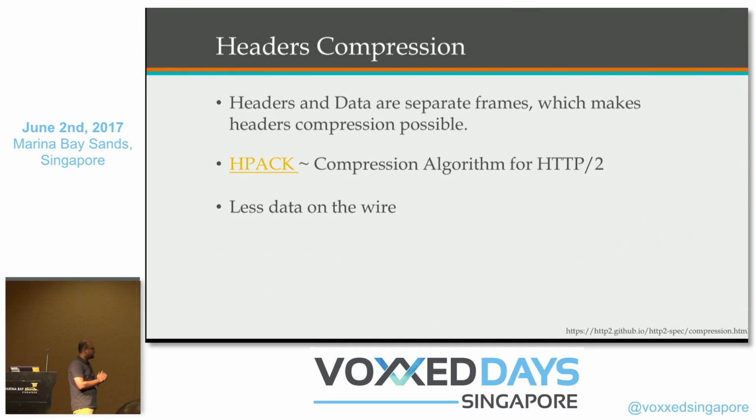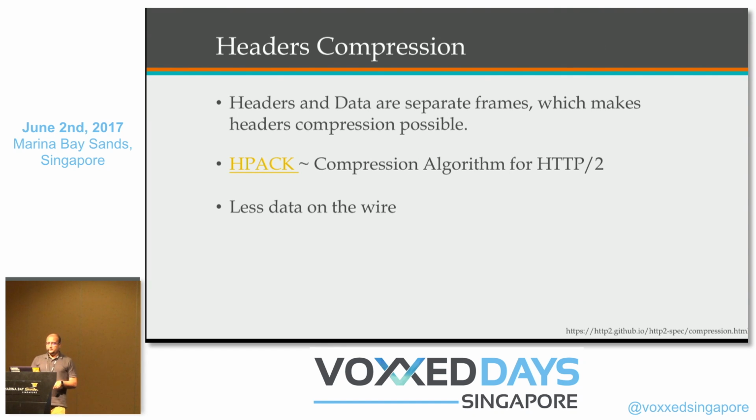For that, HTTP 2 introduces a new algorithm, HPACK, which is based on Huffman coding with an ability to use a lookup table. A lookup table is at the connection level, so multiple requests can utilize the same lookup table. That makes the compression really fast and really efficient. Again, it's all about putting less data on the wire.